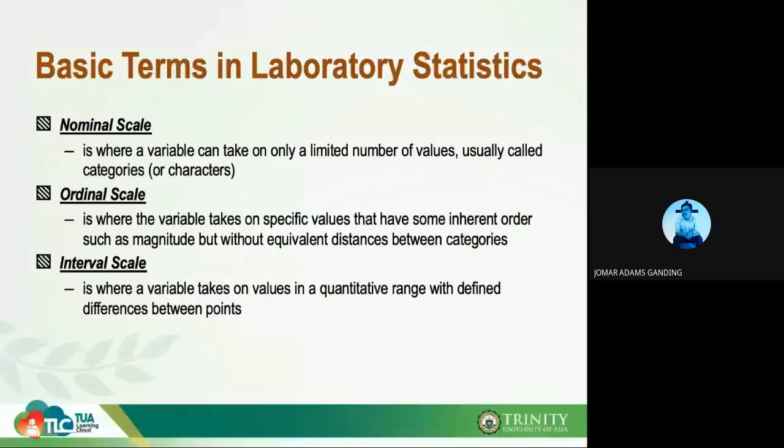A nominal scale could also be just a simple category: is it in or out, high or low? Those are nominal scales. They take on only a limited number of values. What about ordinal? Ordinal is a type of variable that takes on a specific value that has some inherent order, such as magnitude, but without equivalent distances between categories.